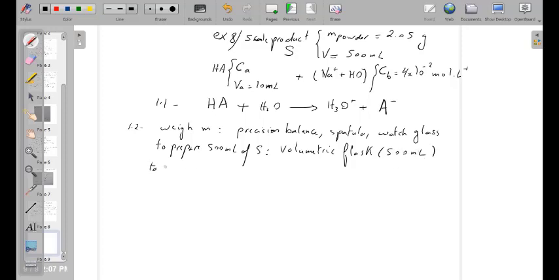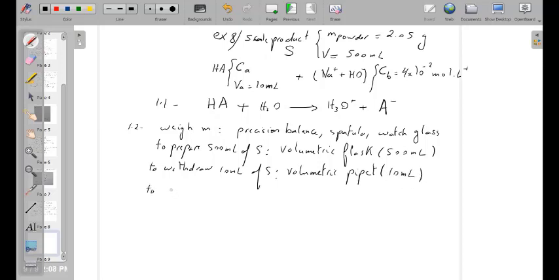To take or withdraw 10 milliliters of S, we need a volumetric pipette of capacity 10 milliliters.